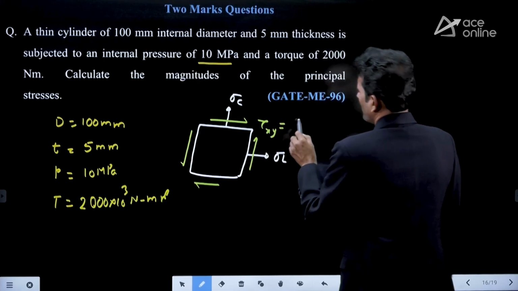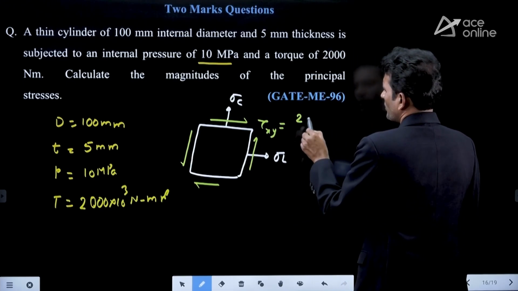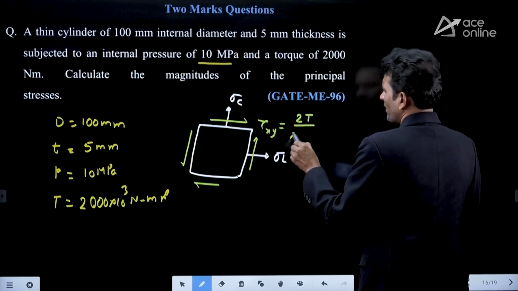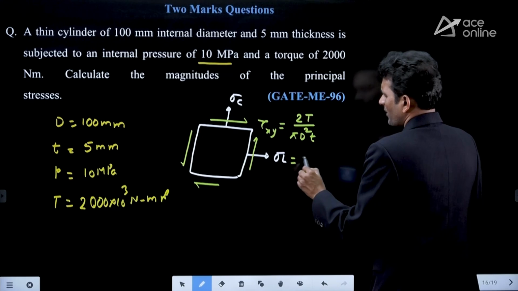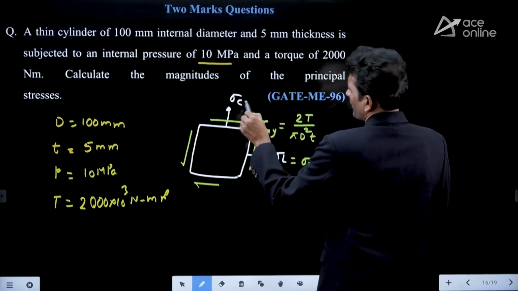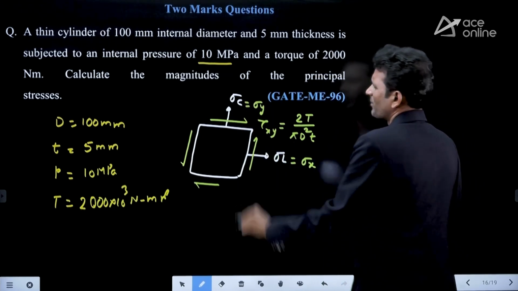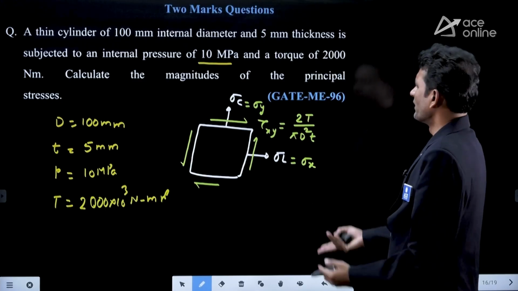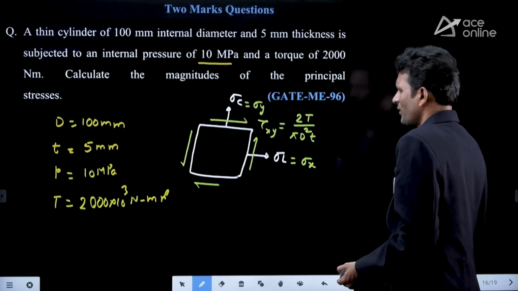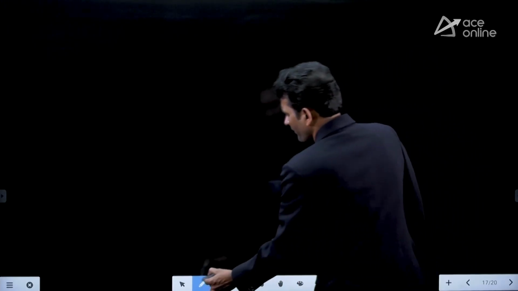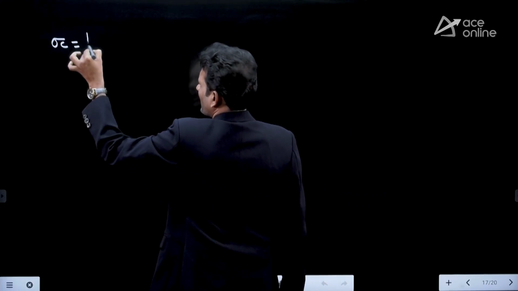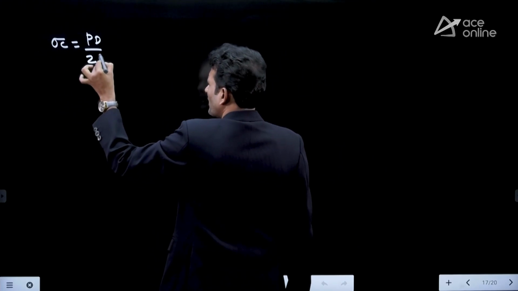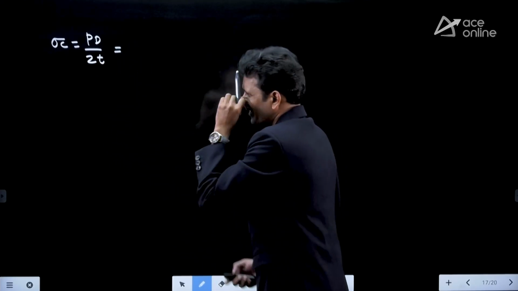Tau xy is 2T divided by pi d square, the standard formula we know for thin tubes. Sigma L you can take as sigma x and sigma C as sigma y. Everything is known, just substitute the values. First I try to find out sigma C, which is PD divided by 2t. P value how much?